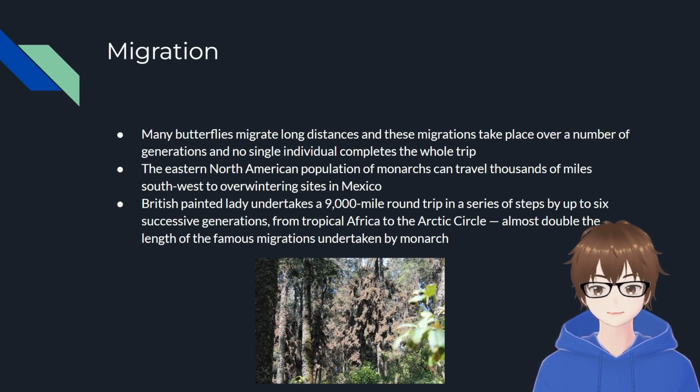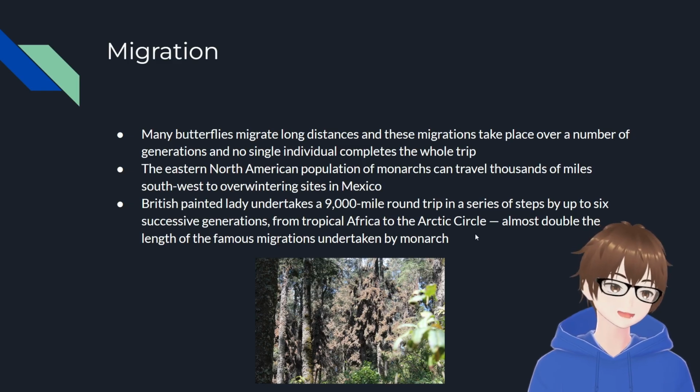Then also the British Painted Lady, which undertakes a 9,000-mile round trip in a series of steps by up to 6 generations from tropical Africa to the Arctic Circle, almost double the length of the famous migrations undertaken by the monarch. So even though the monarch does a large, long distance trip, the British Painted Lady completely blows it out of the water. And we'll talk about the Painted Lady in just a moment.